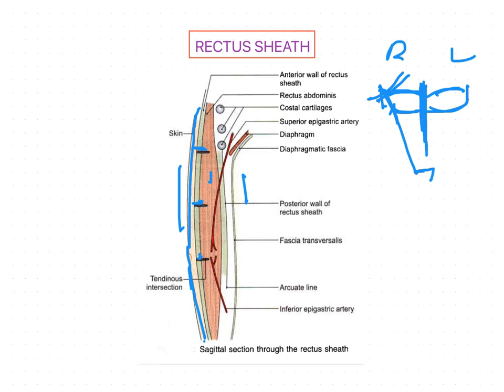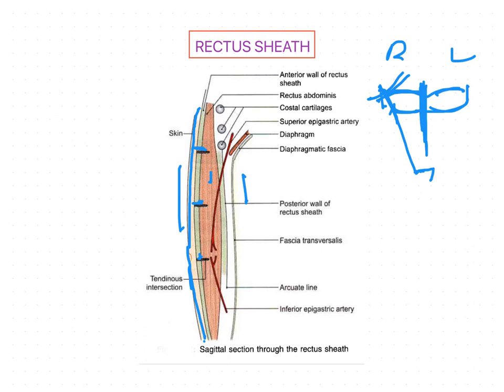Now we will see the formation of the rectus sheath. The formation is different in the following regions. As we have seen, the posterior wall is not well defined above the costal margin and below the arcuate line.